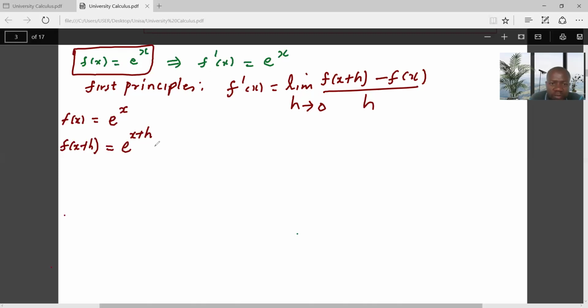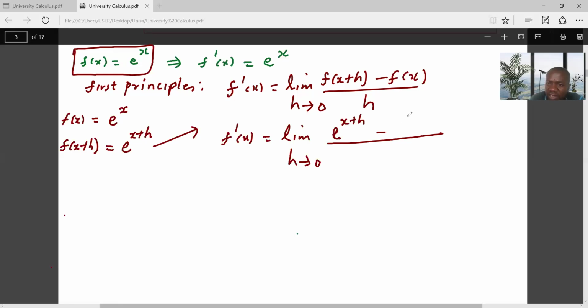So from our definition here, f prime x is the limit when h approaches 0 of e to the exponent of x plus h, minus f of x, which is e to the exponent of x, all over h.